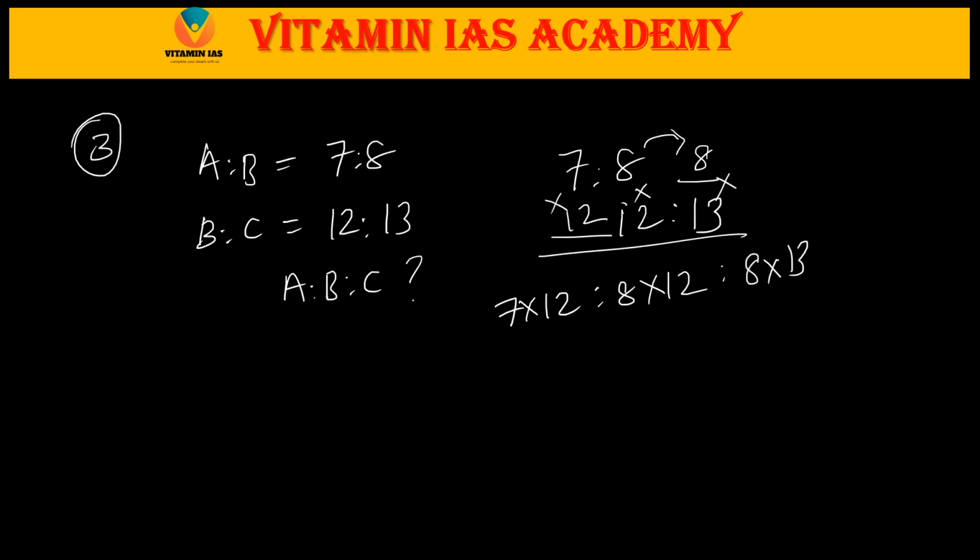Here you can easily divide by the common factor 4. 7 3s are 21, 2 12s are 24, and 2 13s are 26. This will be A is to B is to C.